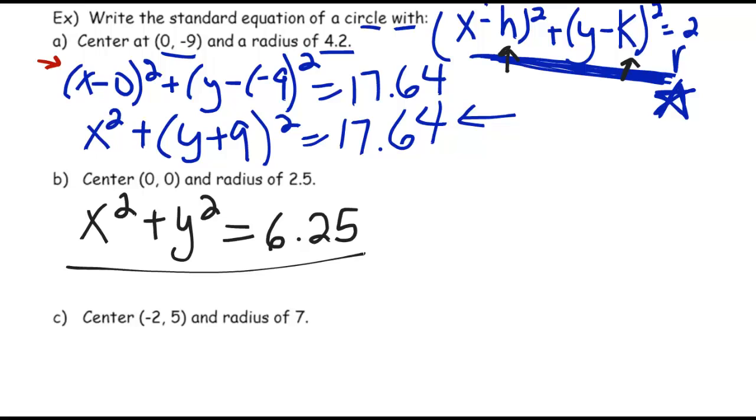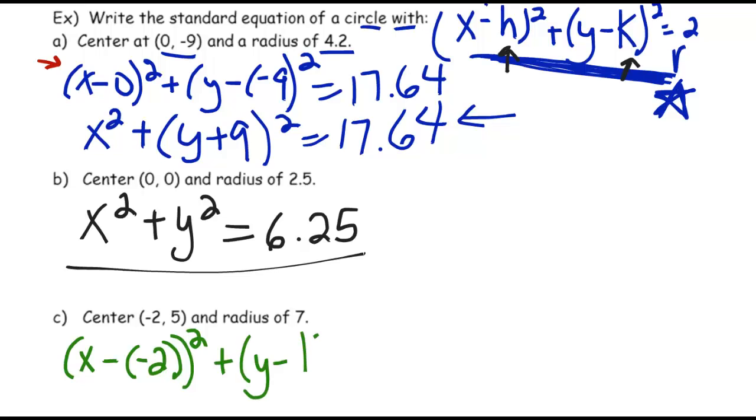A center of negative 2, 5 and a radius of 7. So my equation is going to be x minus the x value of the center, which is your h, plus y minus k, which is the y value of your center, squared, equals radius squared.